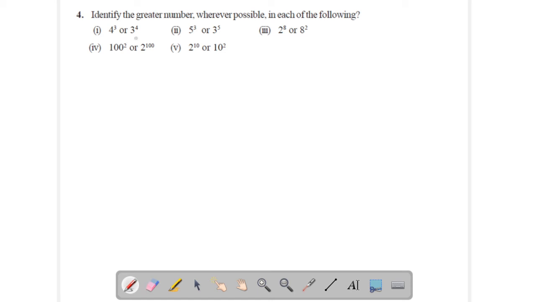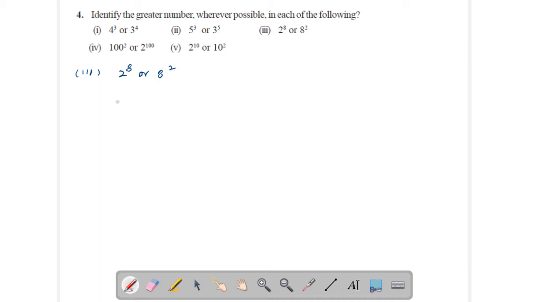Now come to third part. 2 raised power 8 or 8 raised power 2.